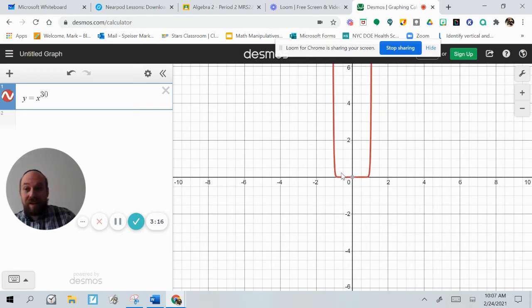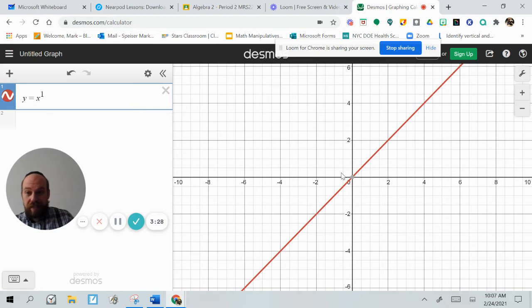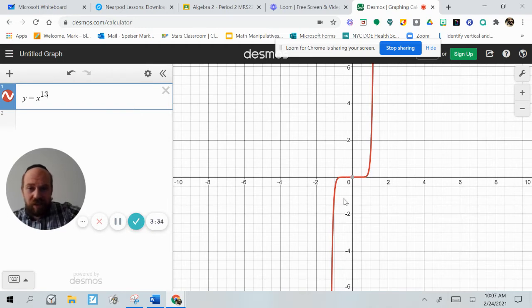What happens if the power is odd? Well, if it's odd, it makes this S shape. All odd functions make this S shape, and as the power gets larger, you'll notice the turn, or the inflection point, becomes more bent.